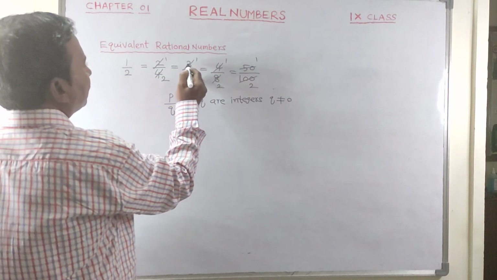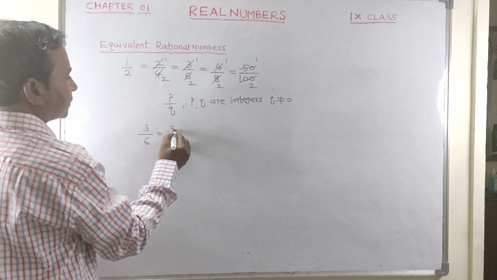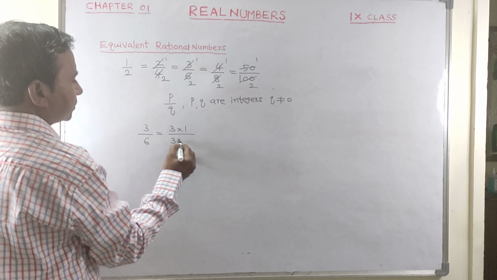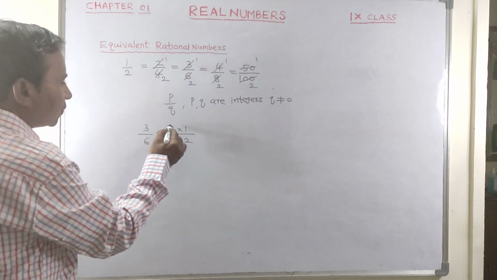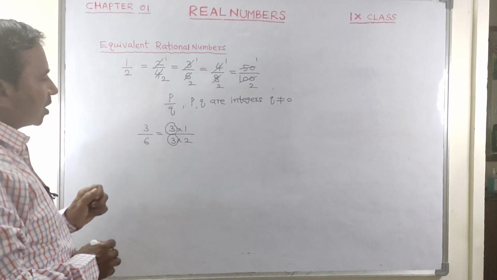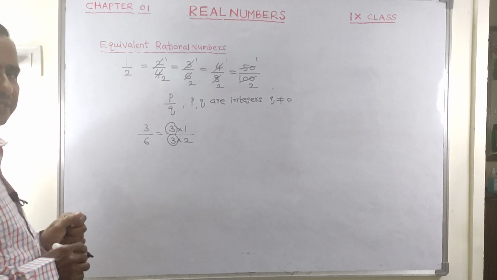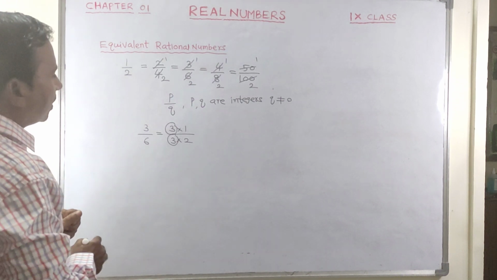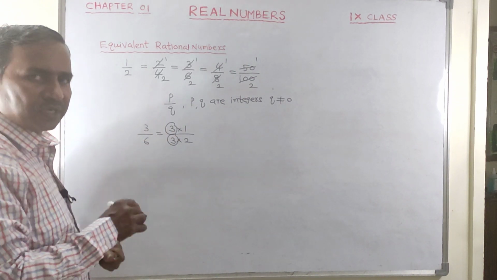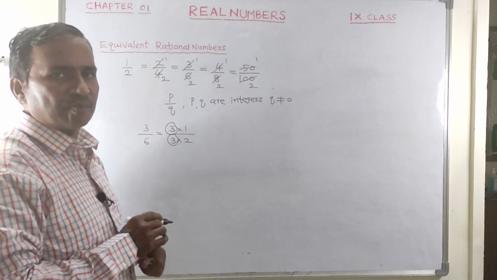See, if you take 3 by 6, we write this as 3 into 1 over 3 into 2. So you see that we have a common factor. Such a common factor should not be there for a unique representation. Whenever we don't have any common factor like this, then only such rational numbers can be represented on the number line.